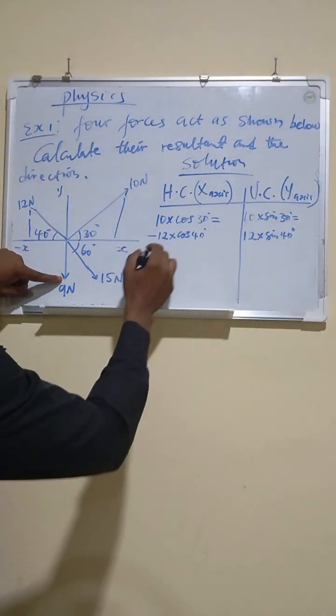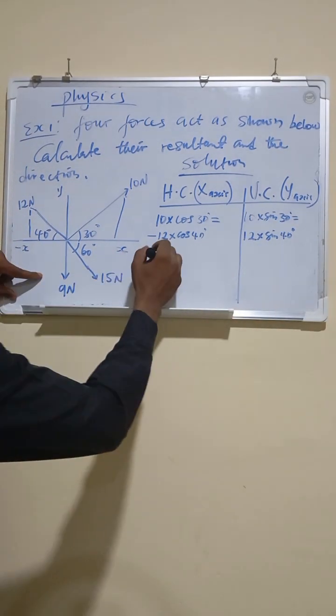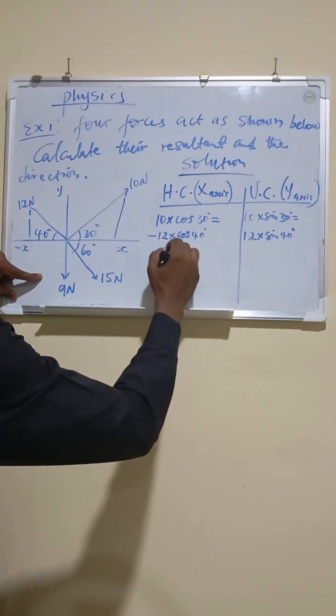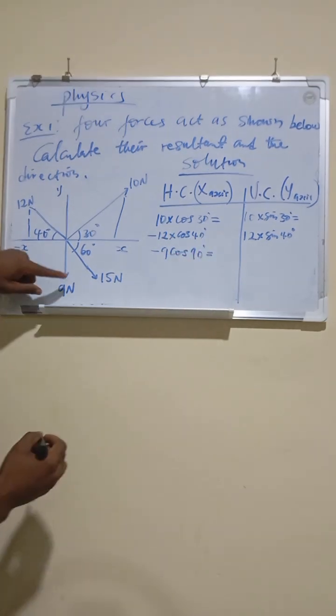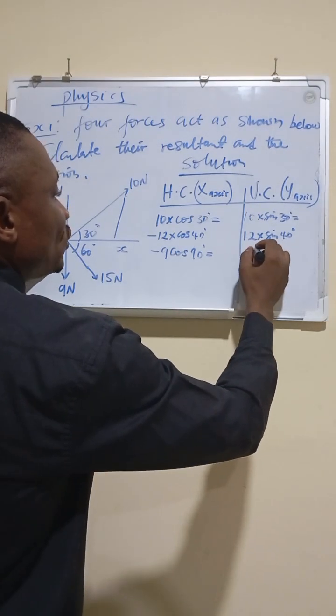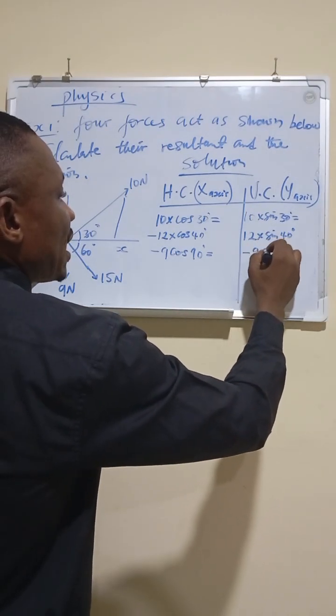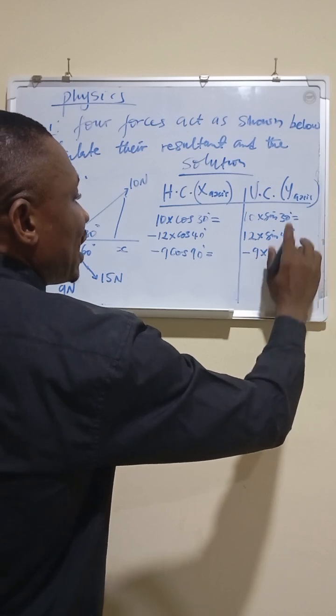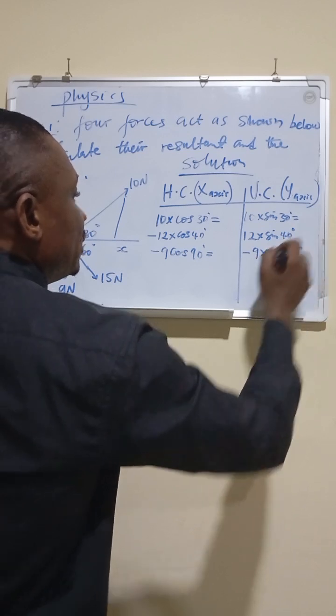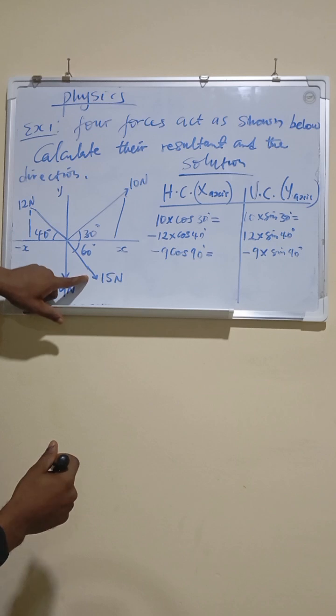Come to this. This will now be minus 9 cos 90 degrees. This is also minus 9 times sine 90 degrees. Then we come to this last one.